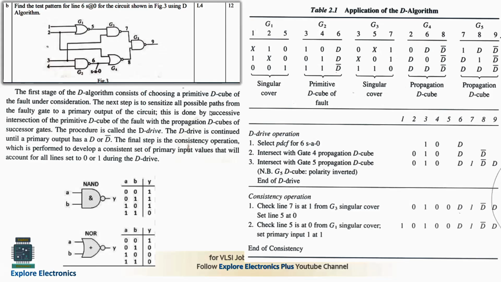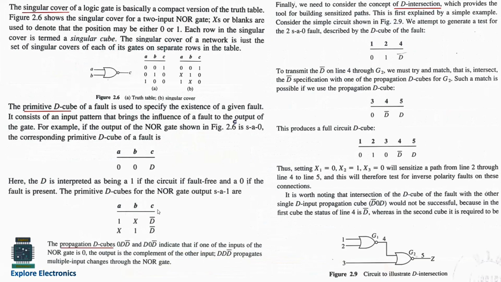So then if we consider the next gate, for that we need to call it as a propagation D cube. So now we need to write the propagation D cube for G4. G4 is the next gate where the value will be propagated to G4 through G2. So for G4, while writing the propagation D cube, these combinations indicate that if one of the inputs of the NOR gate is 0, the output will be complemented of the other input.